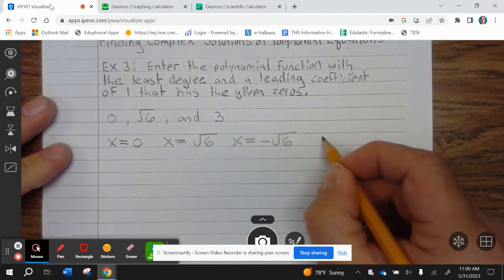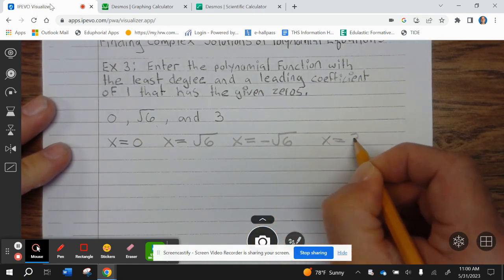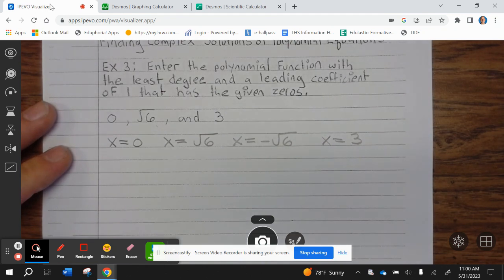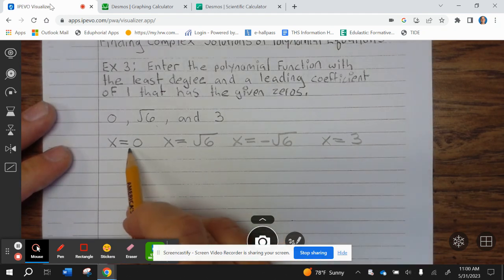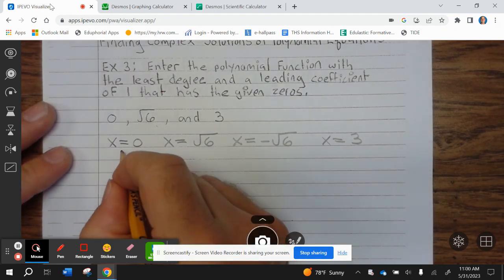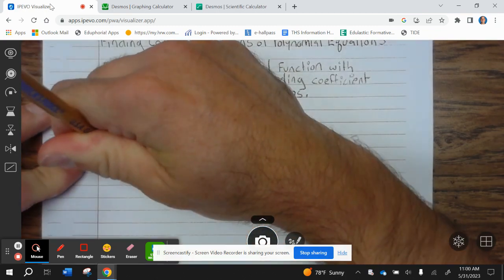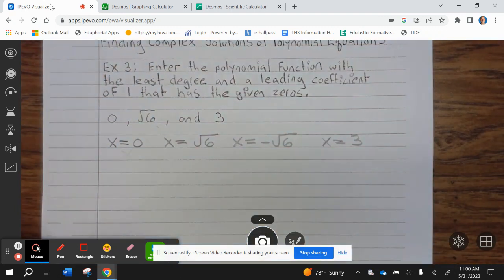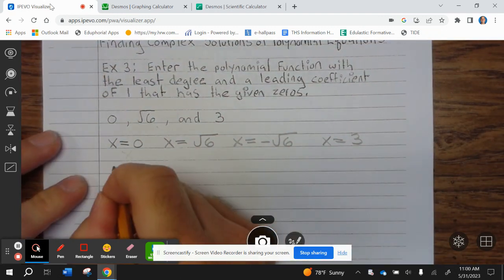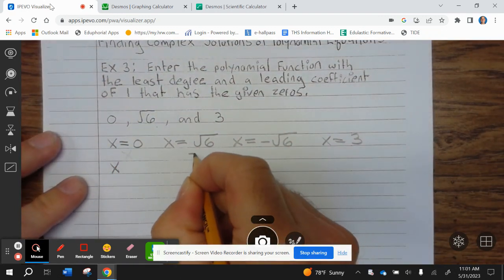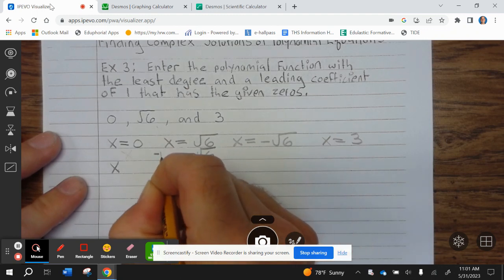And then x equals 3. So now we're going to work backwards. So that's just x, which we'll just leave for a second. Here, we're going to subtract square root of 6 from both sides.